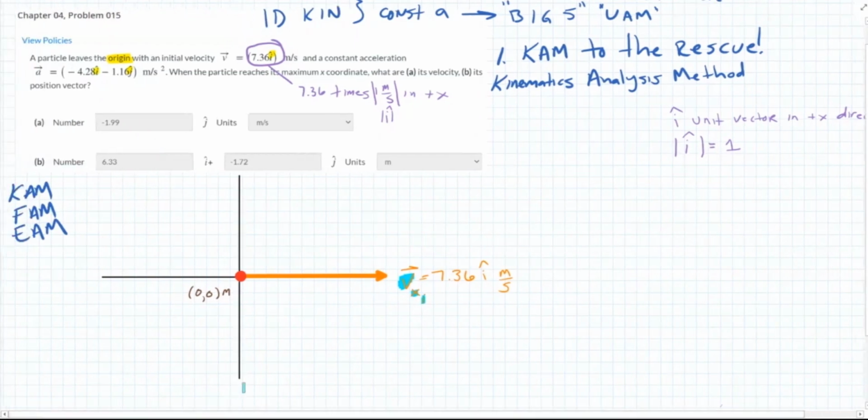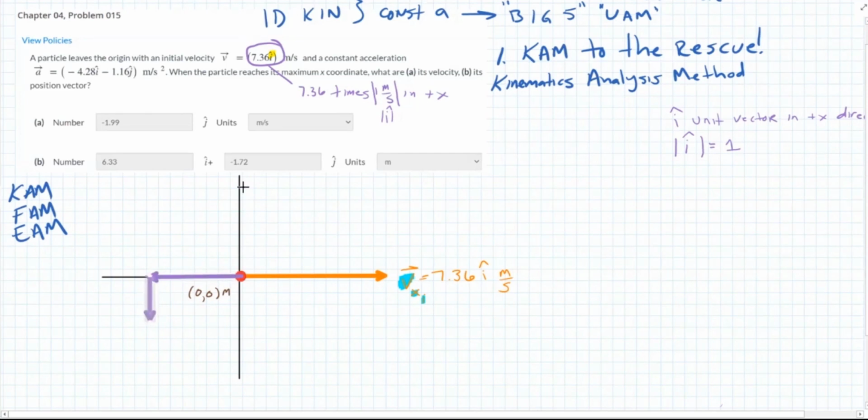What else? I know my acceleration. I have acceleration data, so let's talk about acceleration. I'm going to use a different color for acceleration. It's two-dimensional. So negative 4.28, got it. And negative 1.16, got it.